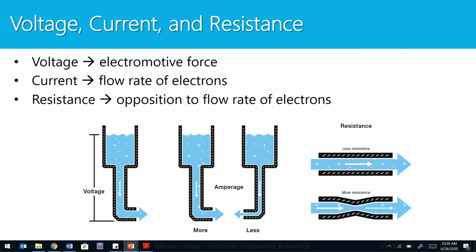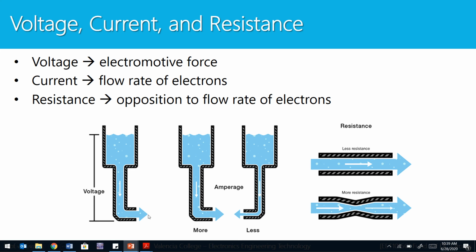So now that we've talked about these three ideas, voltage, current, and resistance, let's sum this up. A great way to sum this up is to think about the water pipe analogy. This is a very common analogy to understand the difference between a voltage, a current, and a resistance. Now remember, voltage is electromotive force. It's a force that establishes the flow of current. If you think about a water pipe like the one on the screen, we know that water is going to flow down and out of the pipe going this way.